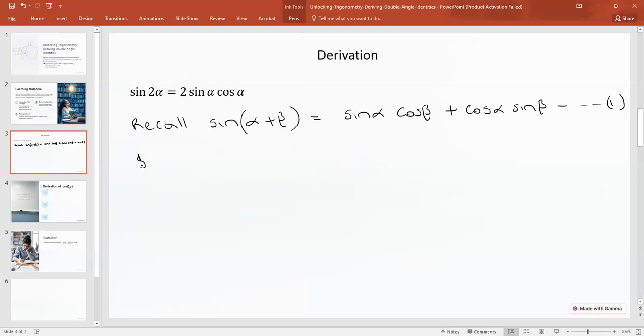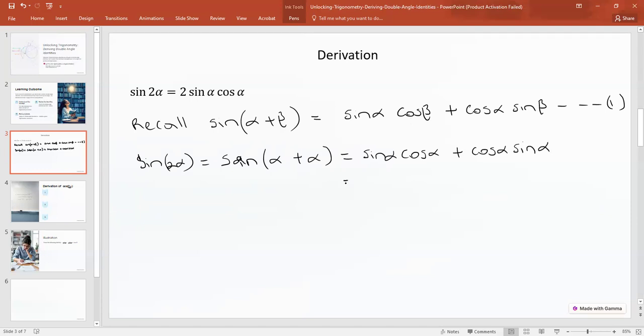Therefore, we can rewrite sine of 2 alpha as sine of alpha plus alpha. We can rewrite this using the first equation as sine alpha times cos alpha plus cos alpha times sine alpha.